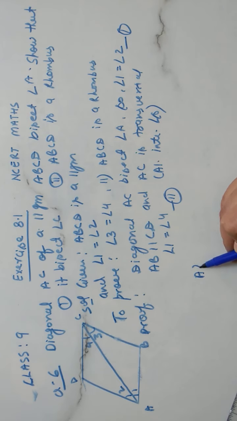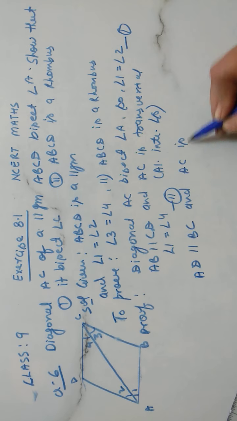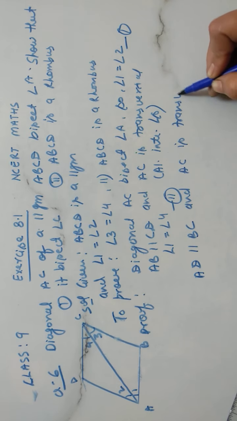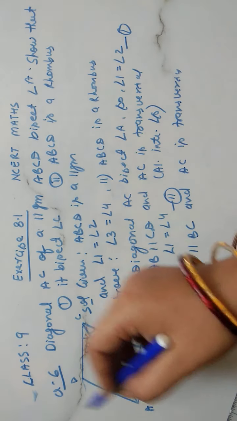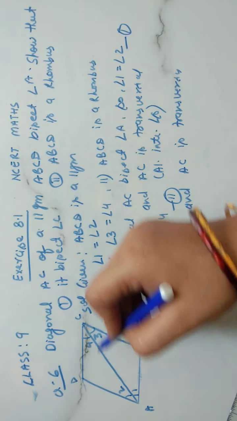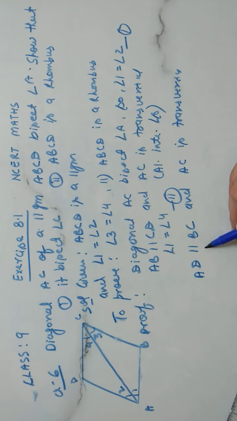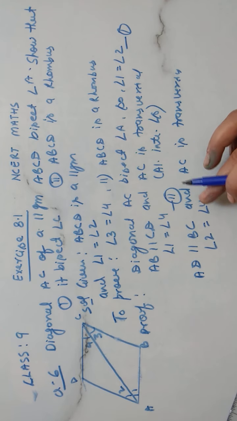That AD is parallel to BC also, and AC is a transversal. Just see here, AD is parallel to BC and AC is a transversal. Then which two angles are equal? Angle 2 is equal to angle 3.